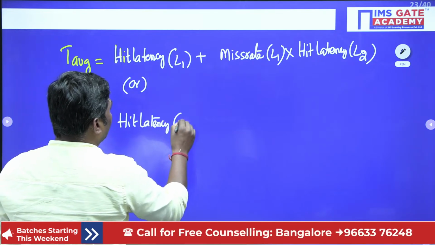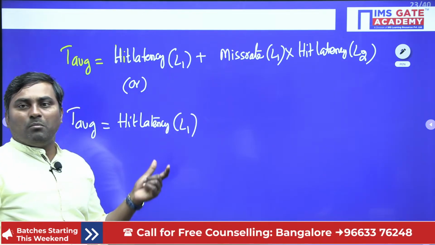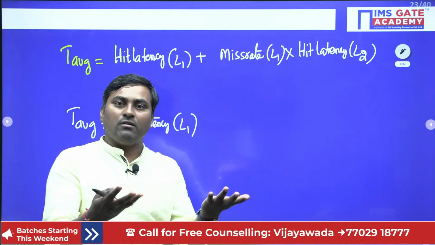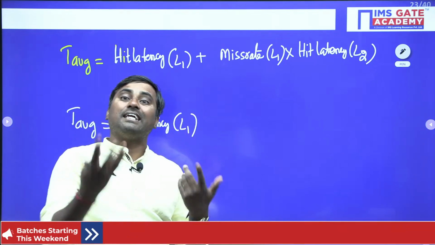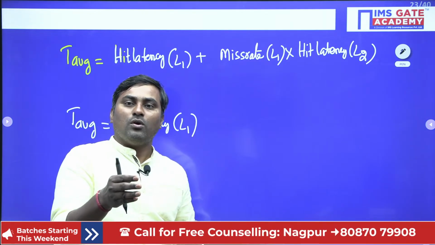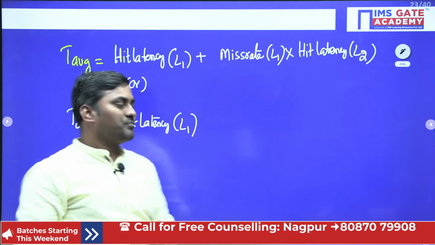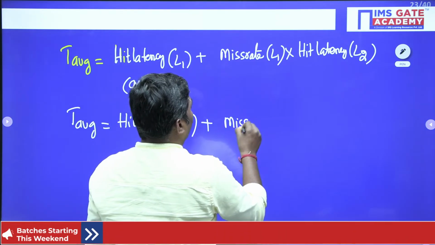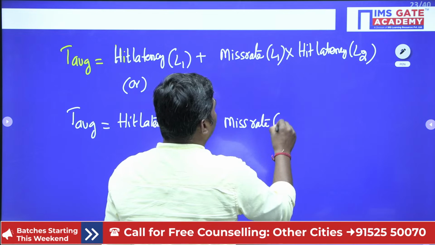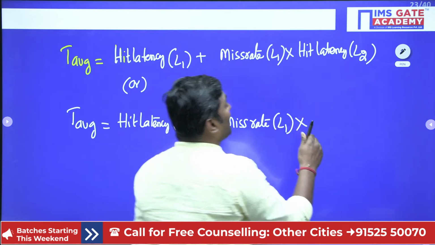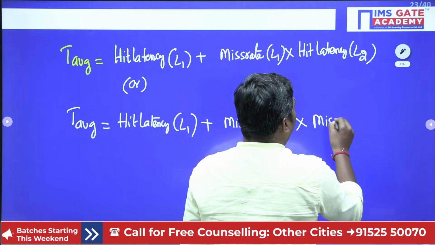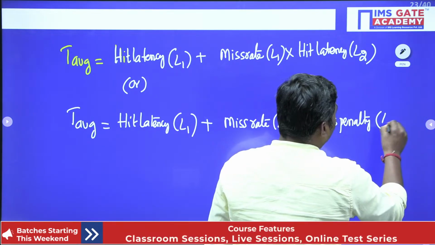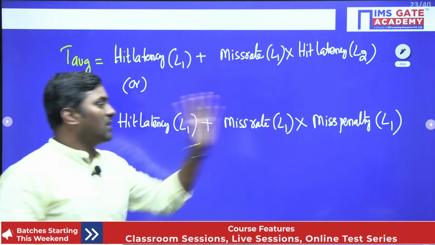I hope you understand. Why hit latency of L1? T1 is the access time of L1. If it is a hit, we require T1. Hit latency is the time taken to read data when there is a hit in L1. If a miss occurs, miss rate means the rate of misses in L1, and miss penalty of L1. Please understand, everything I have written in L1 form only.